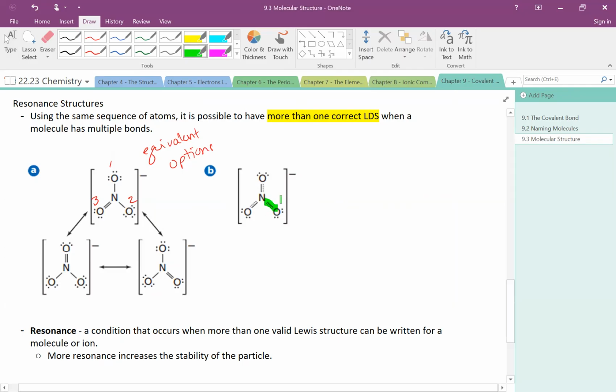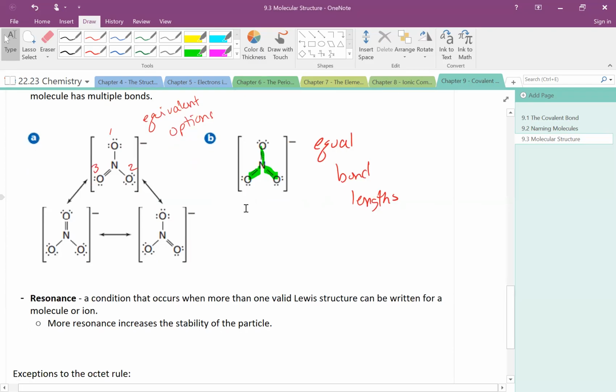It shows that all of these bonds have equal lengths, equal bond lengths. Which, if you recall, the double bonds should be shorter than single bonds. So because all of the bonds are the same length, we know that there is in fact a resonance structure here, and we have the superposition of all 3 states all at once, represented here by option number B.